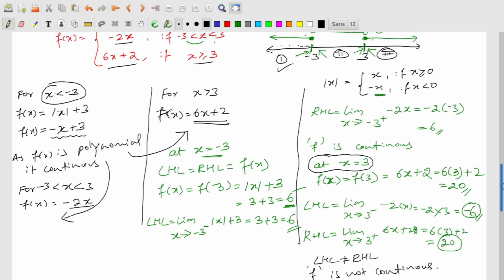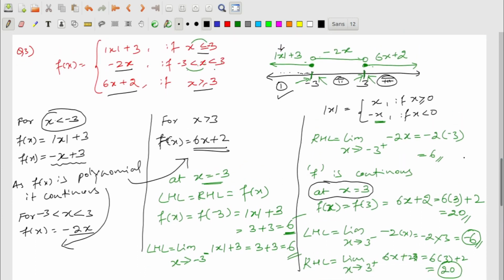So the function is not continuous at this point 3 here. Other than that, it is continuous. First region, second region, third region, and even at x is equal to minus 3, we got LHL, RHL, and f of x same. So it is continuous. So the only point of discontinuity is x is equal to 3.